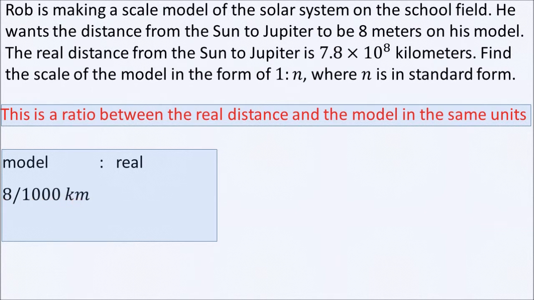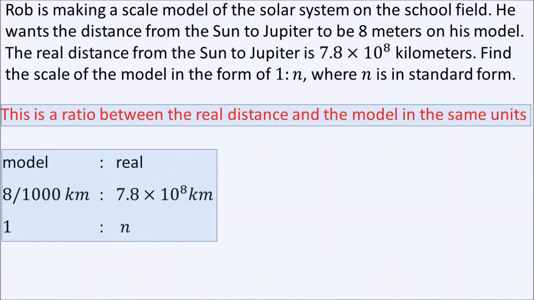Note that in the question the distance in the model is given in meters, so we divide these 8 meters by 1000 and we put simply the real distance in kilometers, which is 7.8 times 10 to the power 8.